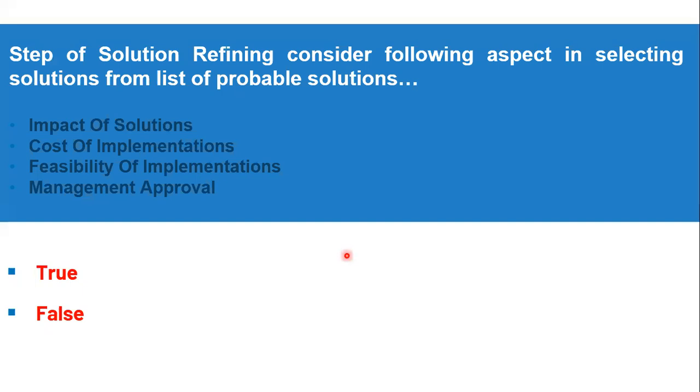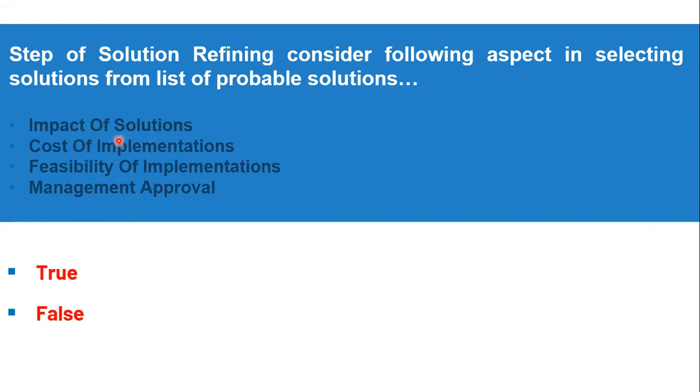Yes, this is quiz time now. We have a few questions here. Step of solution refining: consider the following aspects in selecting solutions from the list of probable solutions. These are 4 different parameters: impact of solutions, cost of implementation, feasibility of implementation, and management approval. So are we considering all these 4 aspects?